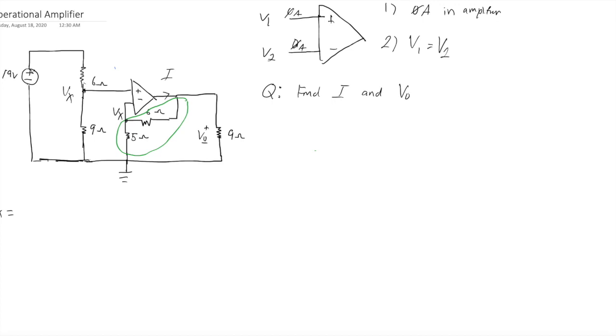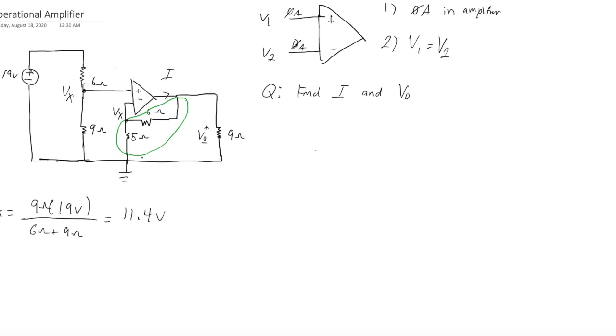That often confuses people, I find. So what we can do is 9 ohms multiplied by 19 volts over 6 ohms plus 9 ohms, and this gives us a Vx of 11.4 volts. So we now know Vx is 11.4 volts.